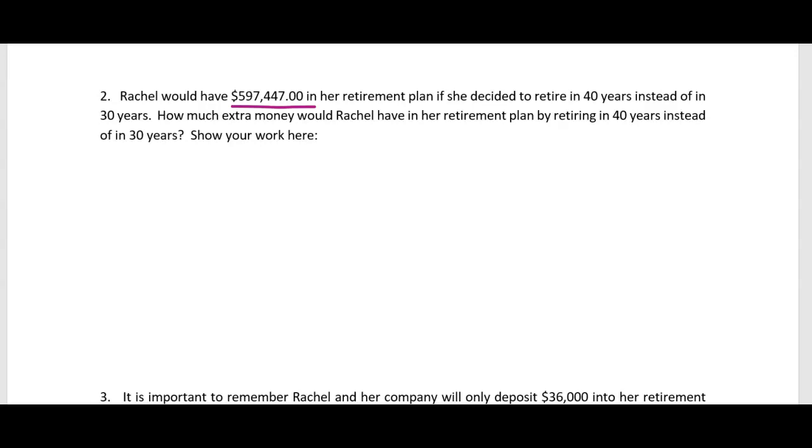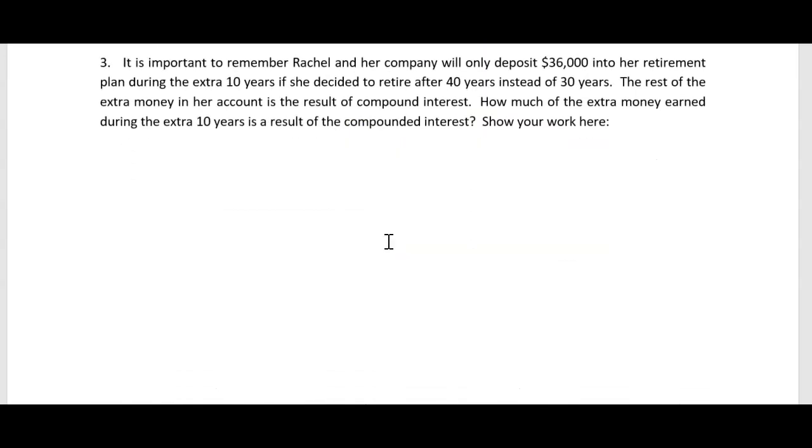And then on number 3, it also is talking about this 40-year plan instead. She wants to retire in 30 years, but maybe she'll have to retire in 40 years instead in order to have enough money to retire on. So this $36,000 that it's talking about here is how much she and the company are depositing into that plan in just those 10 extra years.